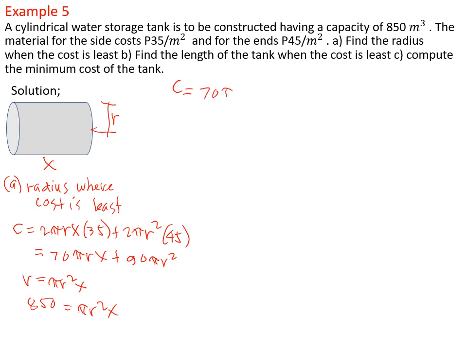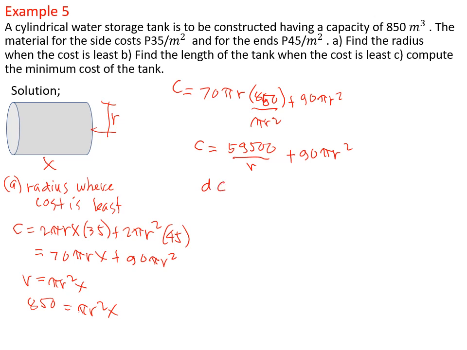So your C equals 70 pi r times 850 over pi r squared plus 90 pi r squared. Your C equals 59,500 over r plus 90 pi r squared.